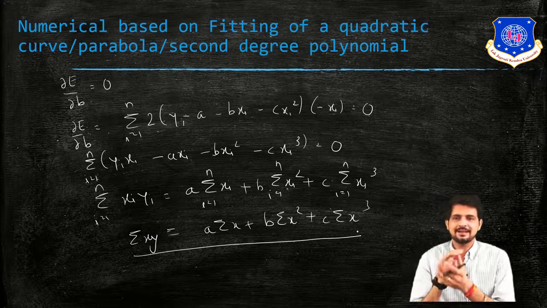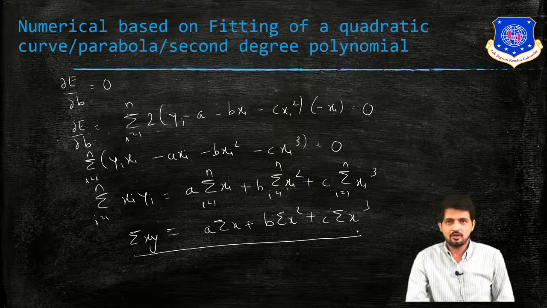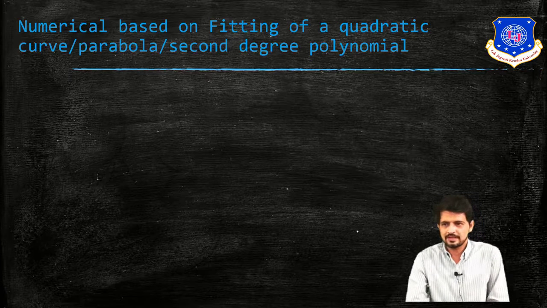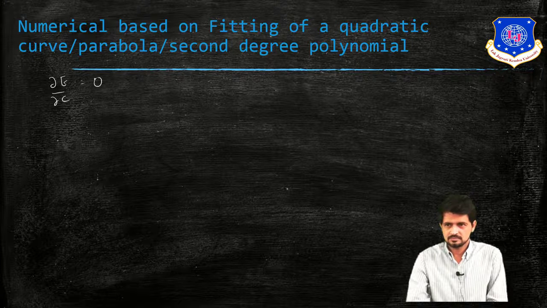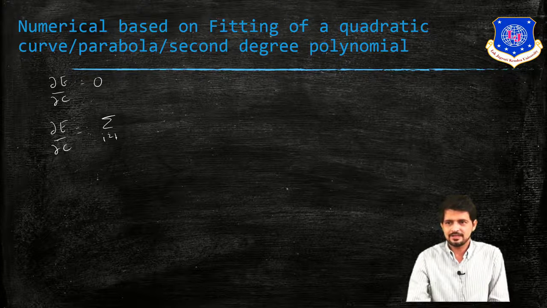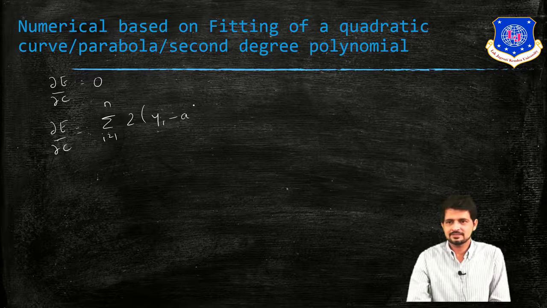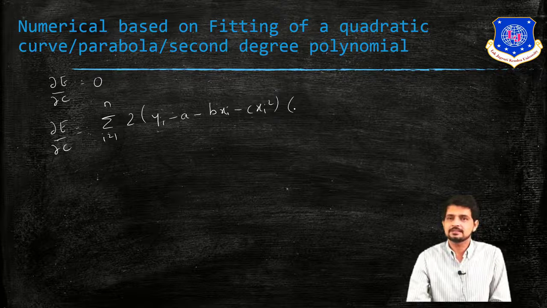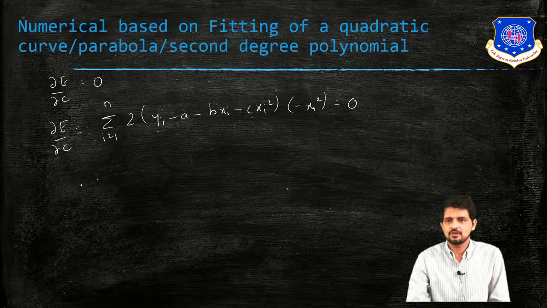This is my second equation, and we can also derive the third equation by taking del E upon del C equals to 0. So let us solve that. What will be my del E upon del C? It can be written like this: sigma i from 1 to n, 2 into yi minus a minus b xi minus c xi square, into the derivative of c xi square with respect to c, that will be minus xi square, equals to 0.